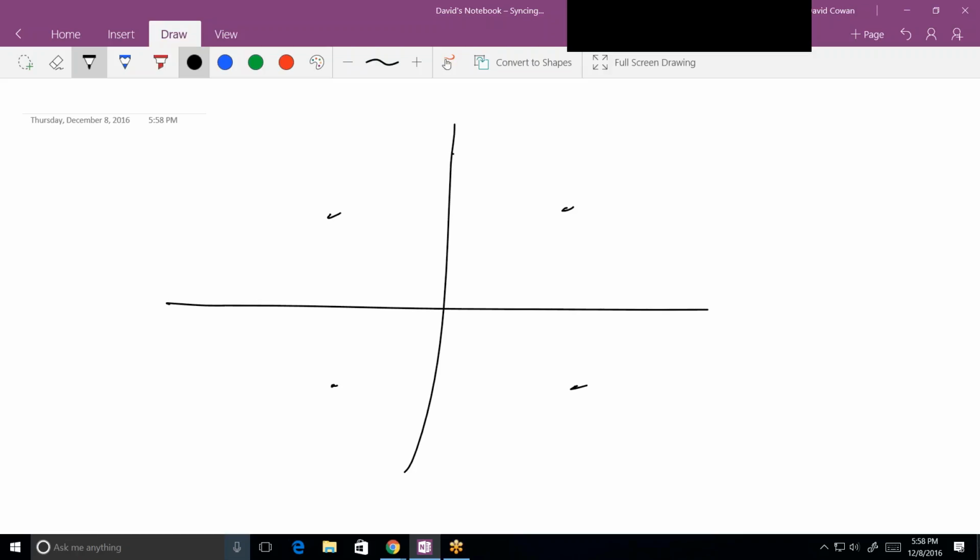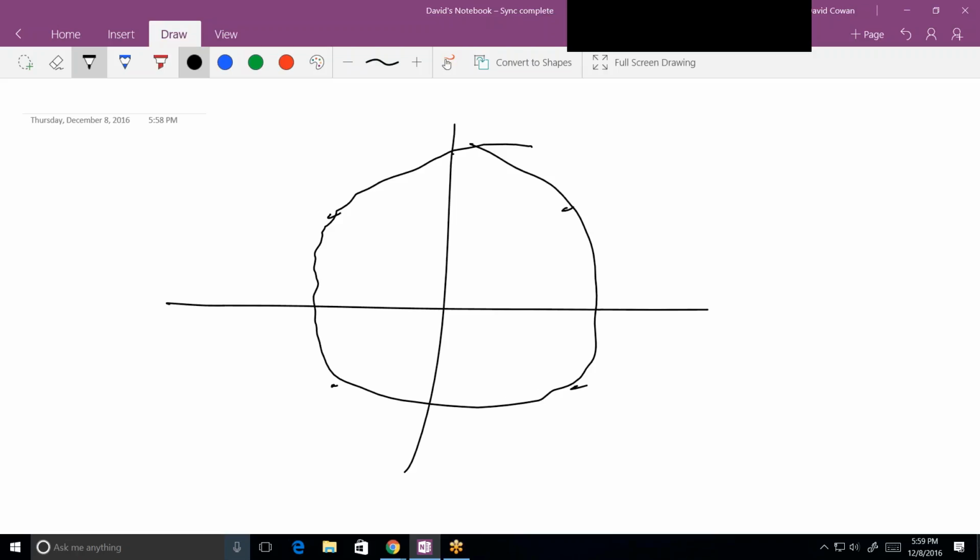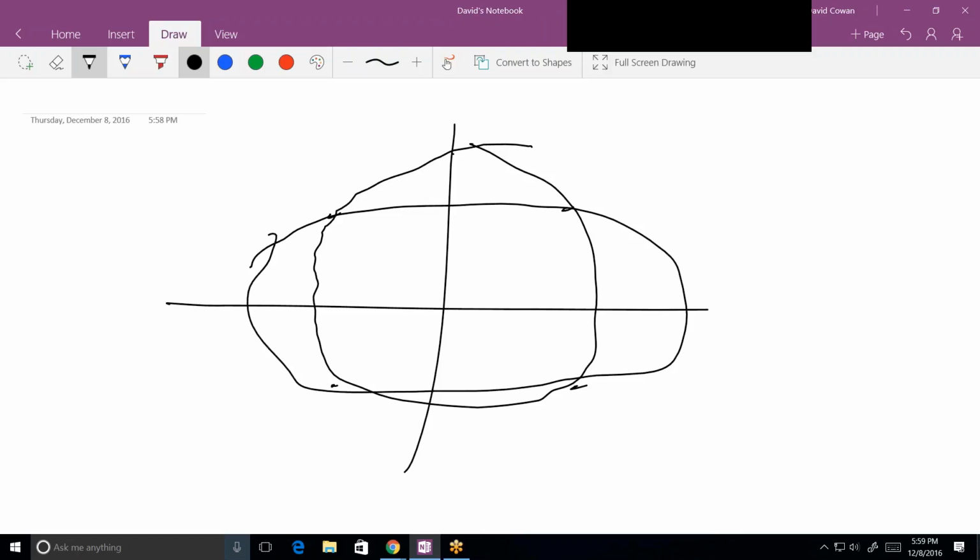The ellipse is horizontal. Here, this will work. There's the circle, there's the ellipse, and there are the 4 intersection points.